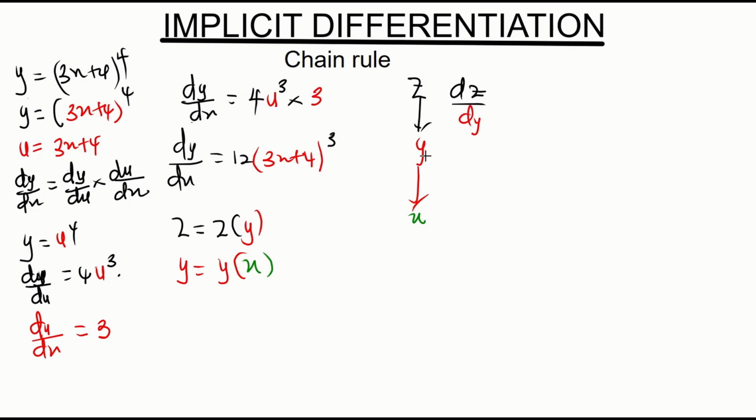Then I have to differentiate y with respect to x, which is going to be my dy dx. The product of this gives me my dz dx, which can be visualized as dz dx is equal to, first, dz dy, and this is multiplying dy dx.